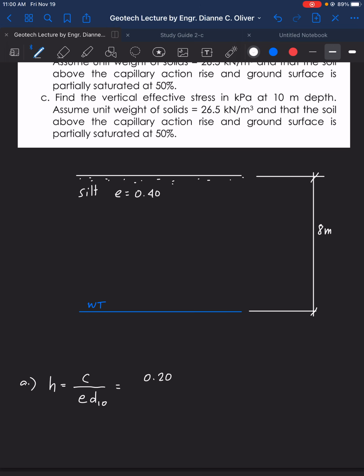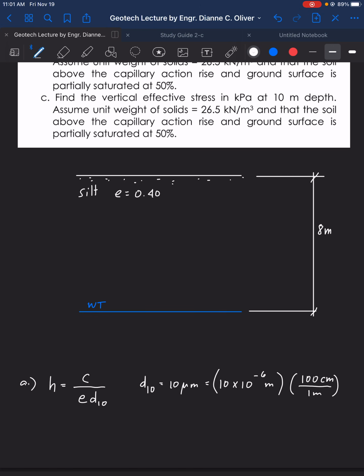So we need to convert first the micrometer D sub 10. D sub 10 is 10 micrometer, and that is equal to 10 times 10 raised to negative 6 meters. So we multiply this with 100 centimeter divided by 1 meter.